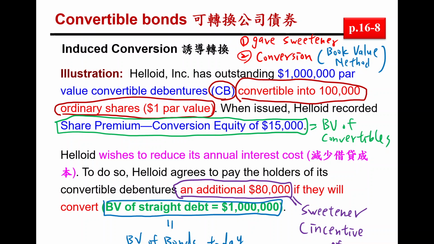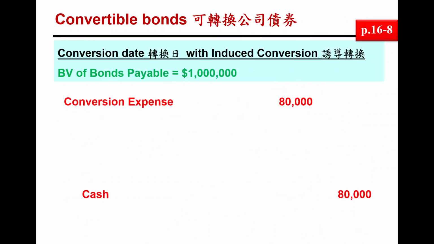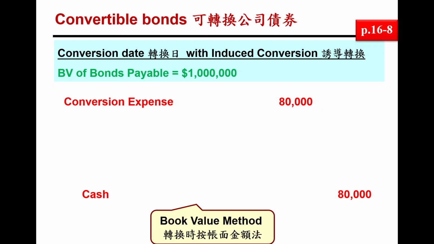First is you give the sweetener to creditors. Second thing, they convert to shareholders. Okay? So based on this, first thing is what? You pay the cash, $80,000. We record it as expense. This expense we call conversion expense, 转换费用. How about the second thing? Second thing, creditors become shareholders, right? So please use the book value method to transfer creditors to shareholders. So could you finish by yourself?